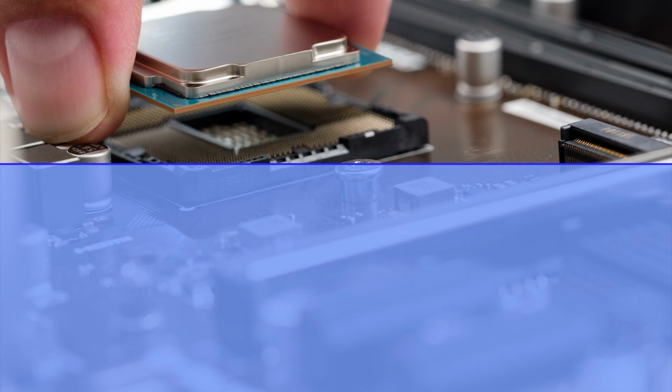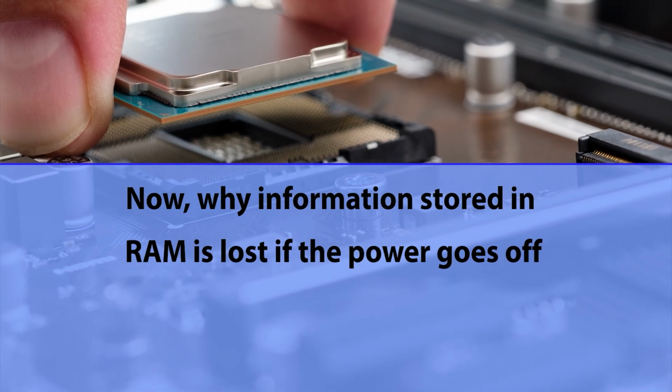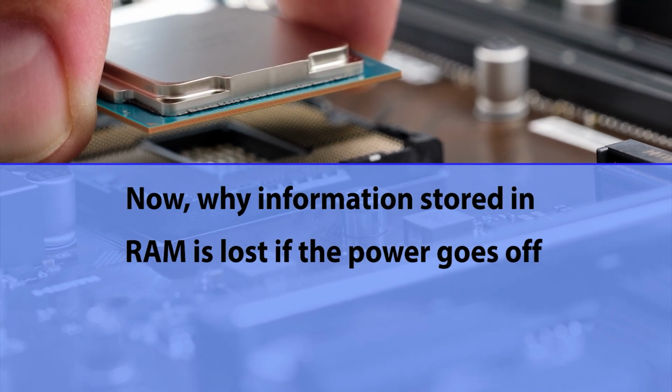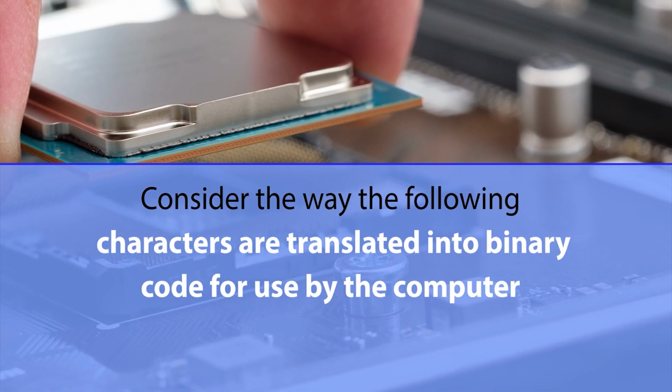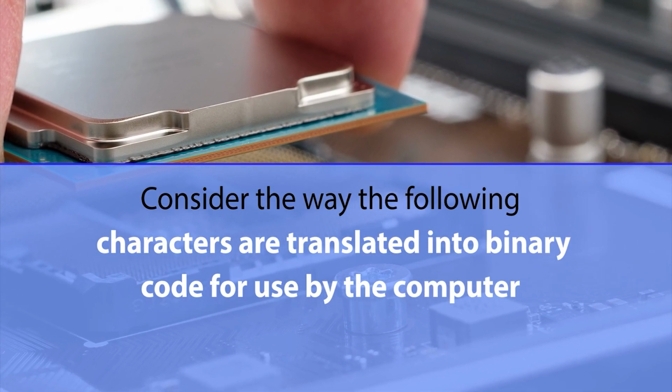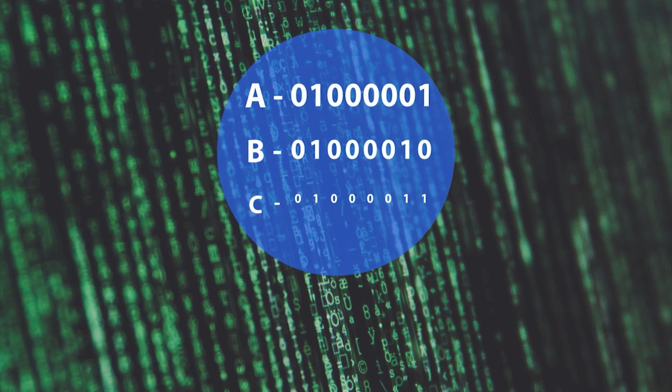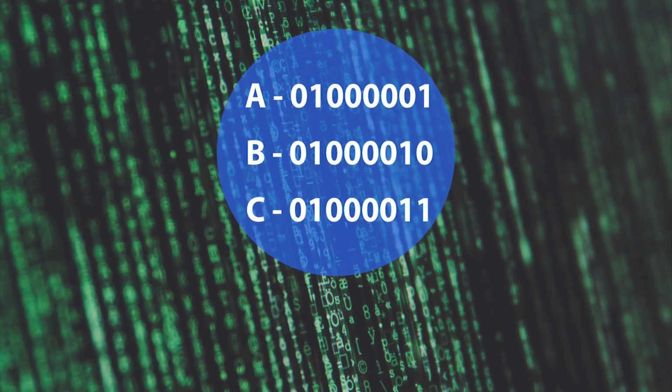Now, the point is why information stored in RAM is lost if the power goes off. To understand this, let me talk about the character A. The character A in byte form is represented as 0, 1, 0, 0, 0, 0, 0, 1. Similarly, the character B would be 0, 1, 0, 0, 0, 0, 1, 0.